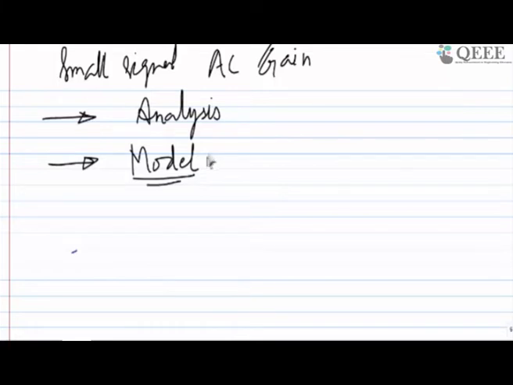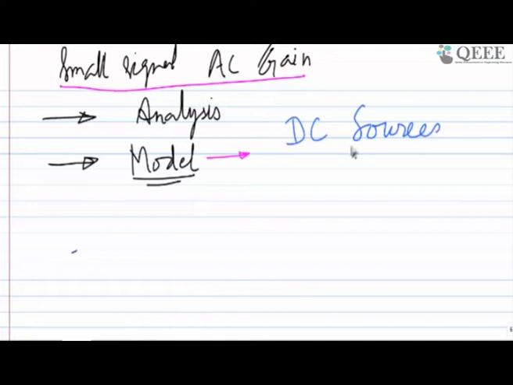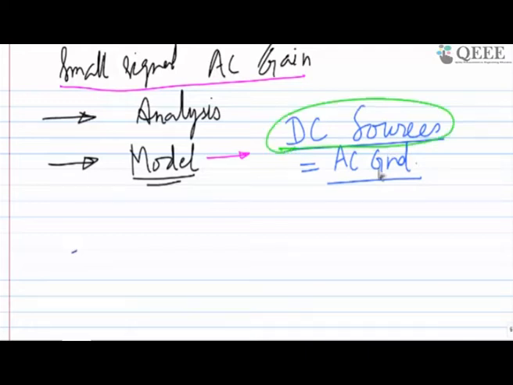This model is the small signal AC model, or small signal AC analysis. In that analysis, we have to make sure that all the DC sources are equal to AC ground. So wherever you see a DC source, you have to replace it with AC ground. You have to make sure that is what we use.